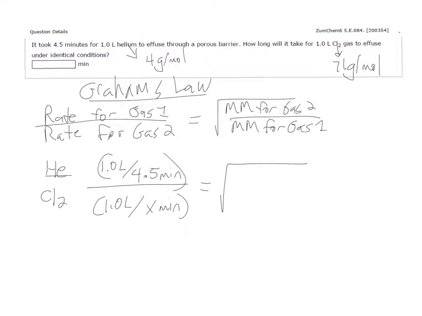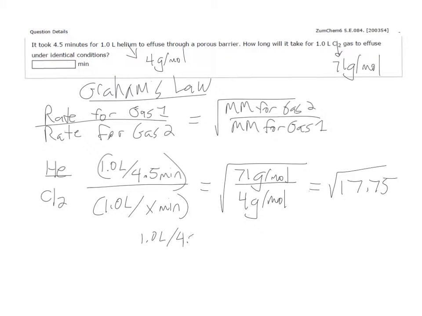So if we set this up with helium over chlorine, then the molar mass ratio will be that of chlorine over helium. And 71 over 4 is 17.75. So we do a little crunching of the numbers, and we'll set this up down below.